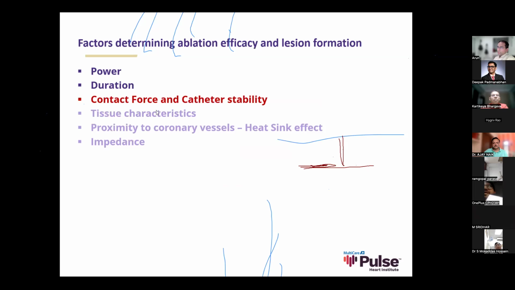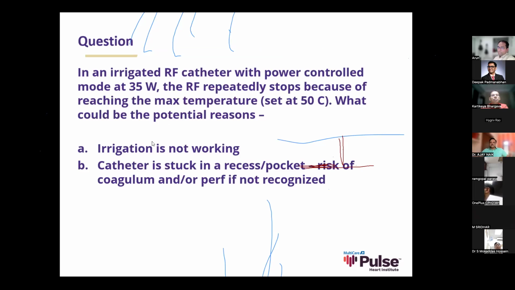I'll just add one point here. Suppose in the same situations you were using a non-irrigated catheter, your temperature actually will go very high very quickly because there's no blood flow there and there's nothing to cool the catheter tip. That's why in these situations, non-irrigated catheters do not work.